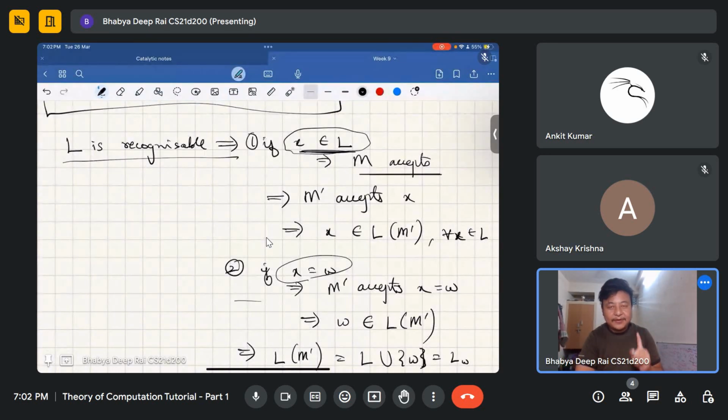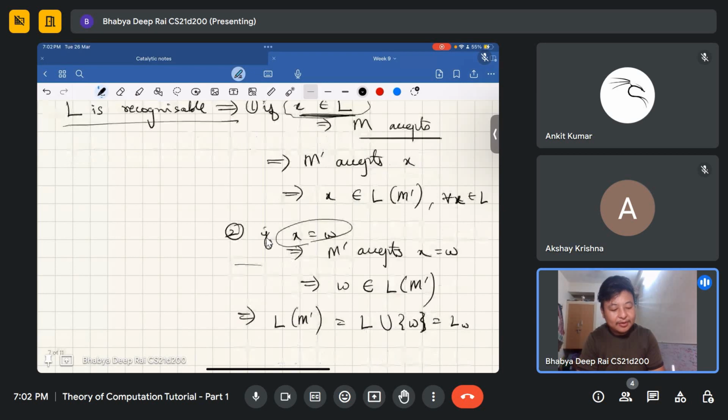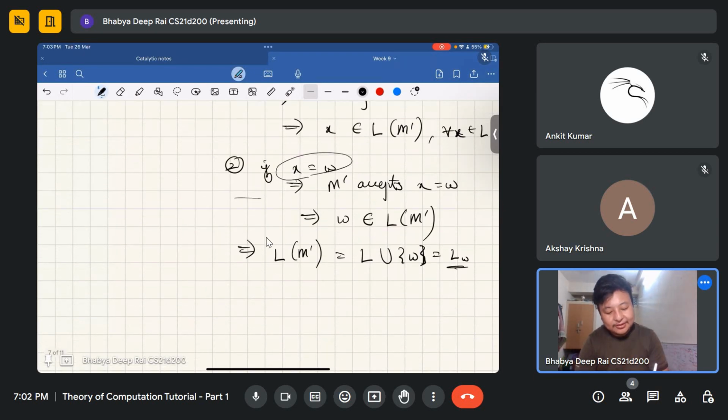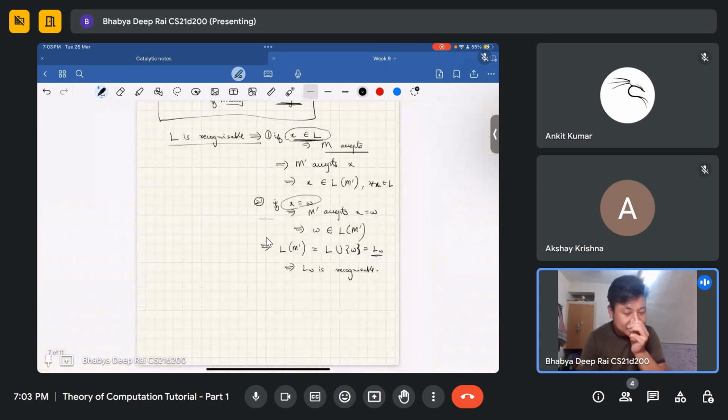If the string belongs to LW, my Turing machine will always halt and say yes, will always accept. So this means that LW is recognizable, because I gave a machine M prime which will always accept when the string belongs to the language. It may not halt in the no case, that is not a problem.